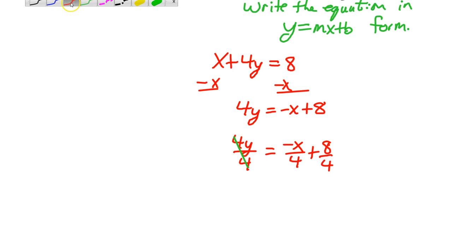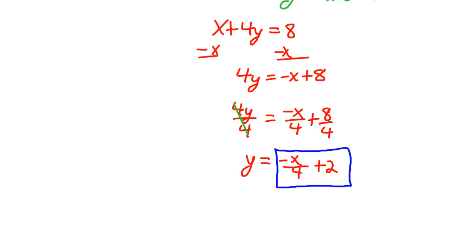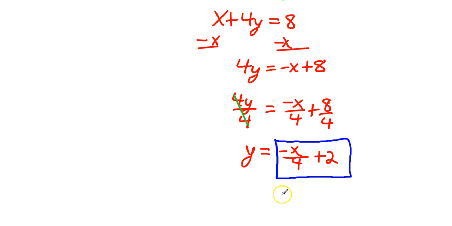Everything else you've just got to simplify. You've got the y here. You can leave it that way, negative x over 4. And 8 divided by 4 is 2. And I think they'll go ahead and give you the y equals. I think the only thing you actually have to enter in is that part right there. And again, you could also do negative 1/4 x plus 2. You could take either one of those two answers, and it should accept that.